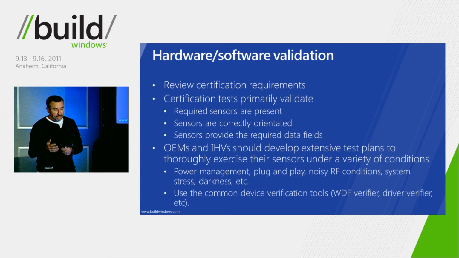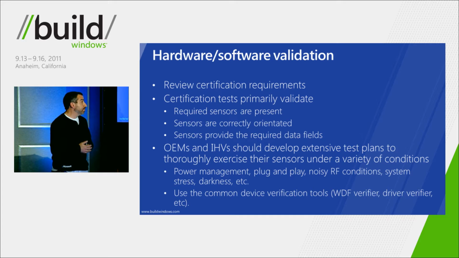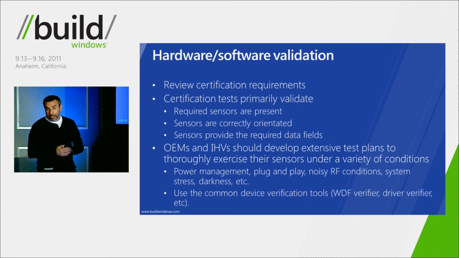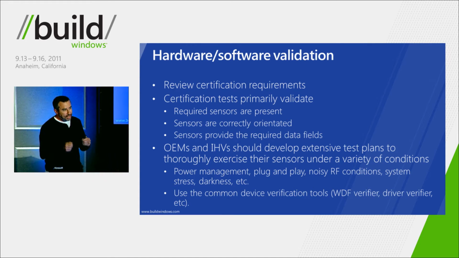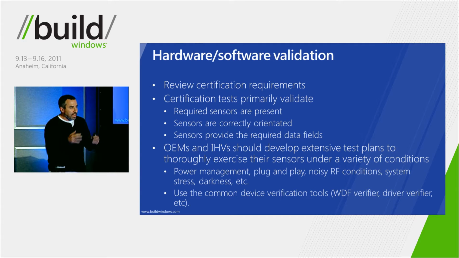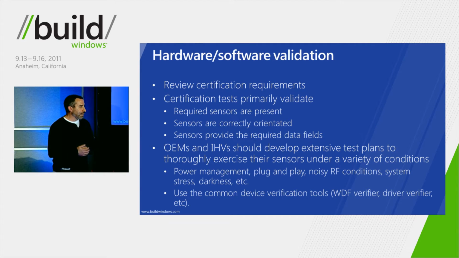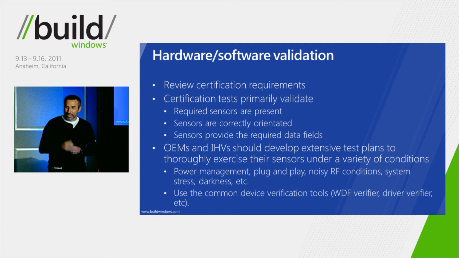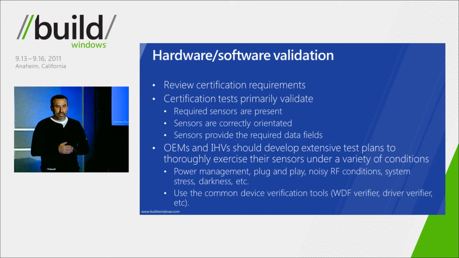Sensors are a little bit more susceptible to some unique conditions, such as noisy RF environments, maybe some stress. If there's a lot of activity going on in the system, you might have a new electromagnetic field. I don't quite understand all this stuff. I'm a software guy, so I rely on you, the hardware experts out there, to explain what that means.